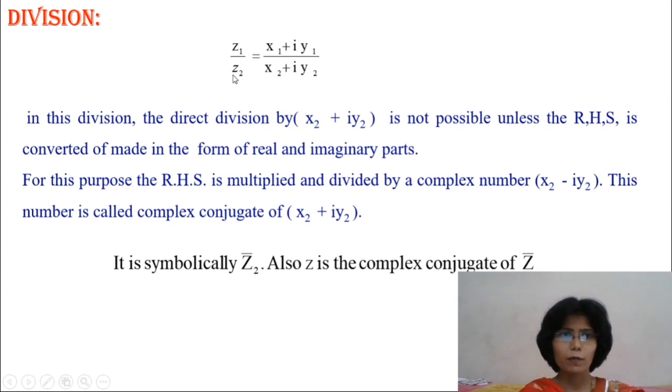It is not possible unless the right hand side is converted into the form of real and imaginary parts separately. For this purpose, the right hand side is multiplied and divided by the complex conjugate of the denominator, that is x2 minus iy2, symbolically z2 bar, and also z is the complex conjugate of z bar.